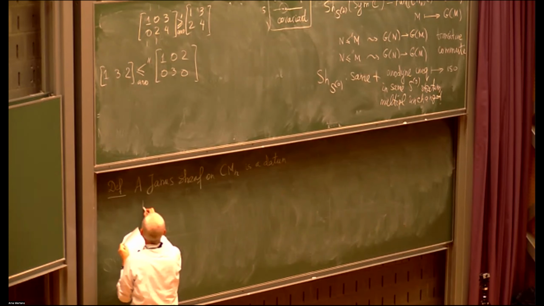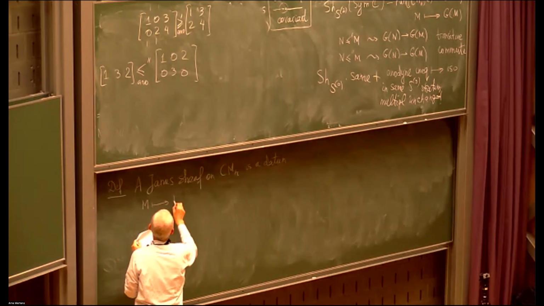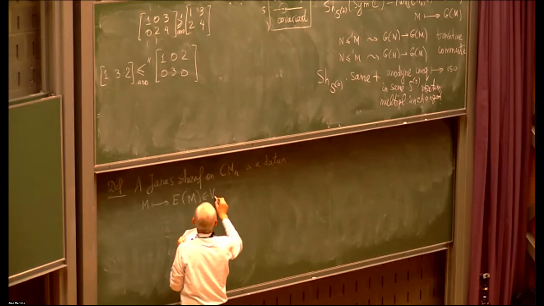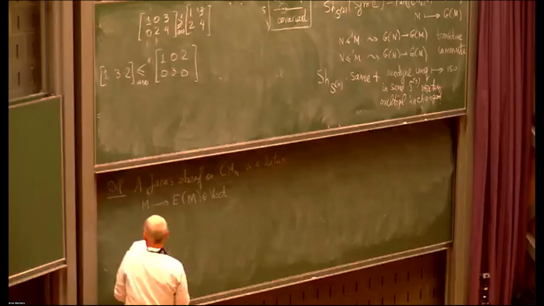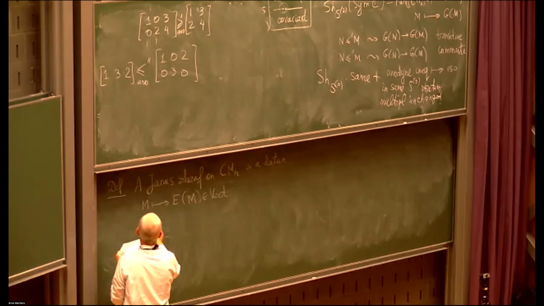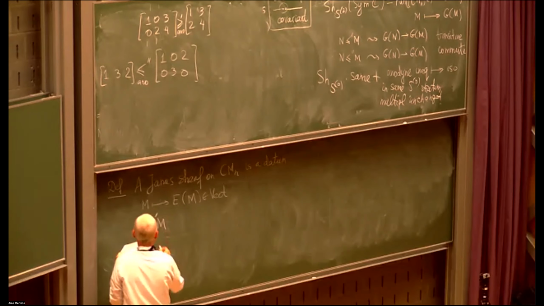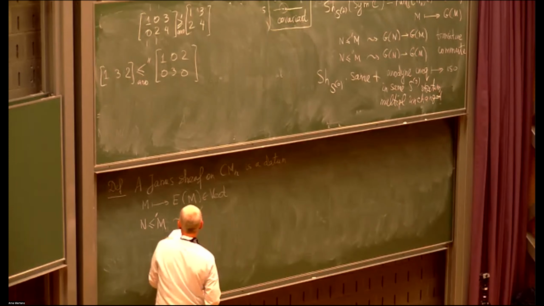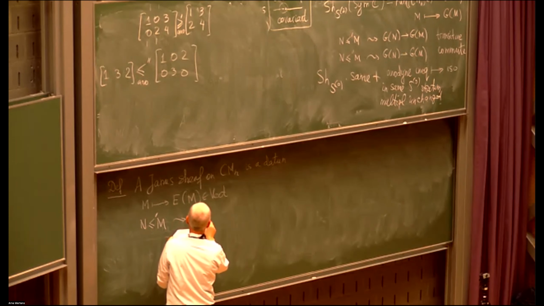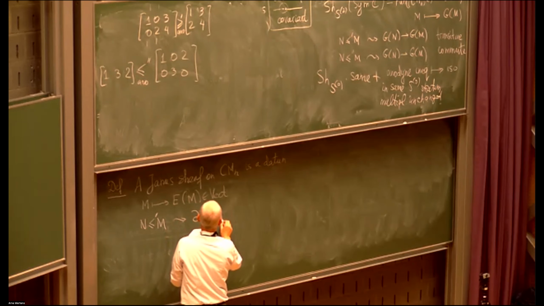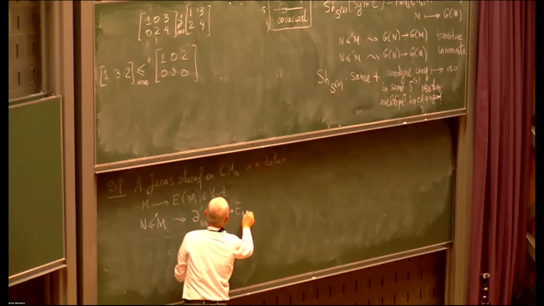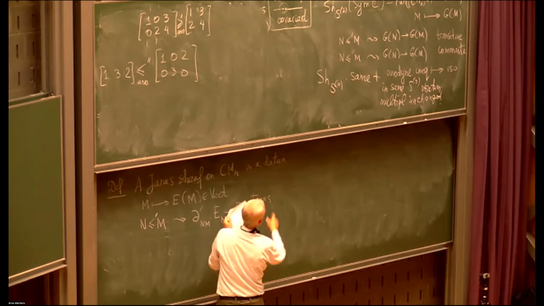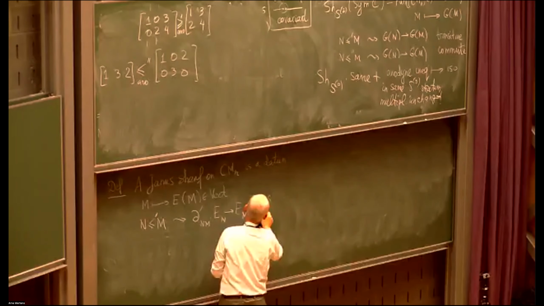So first of all, for every m, we have a vector space E of m. Then when n is less or equal than m in the first sense, I have maps called del prime nm from En to Em. They will be transitive and also satisfy the anodyne condition.